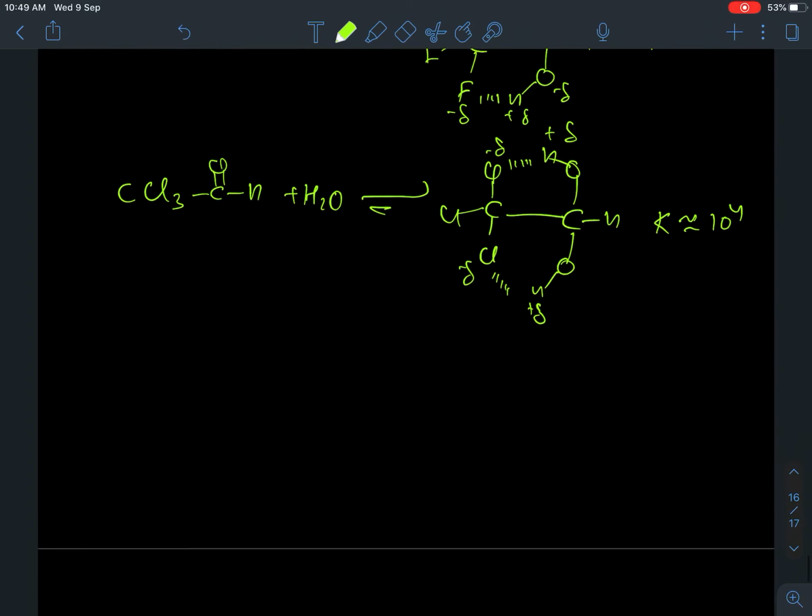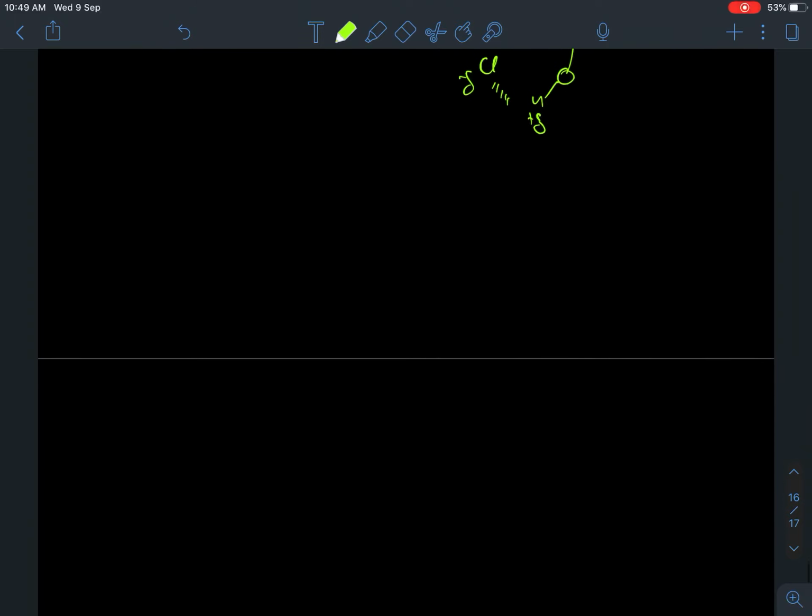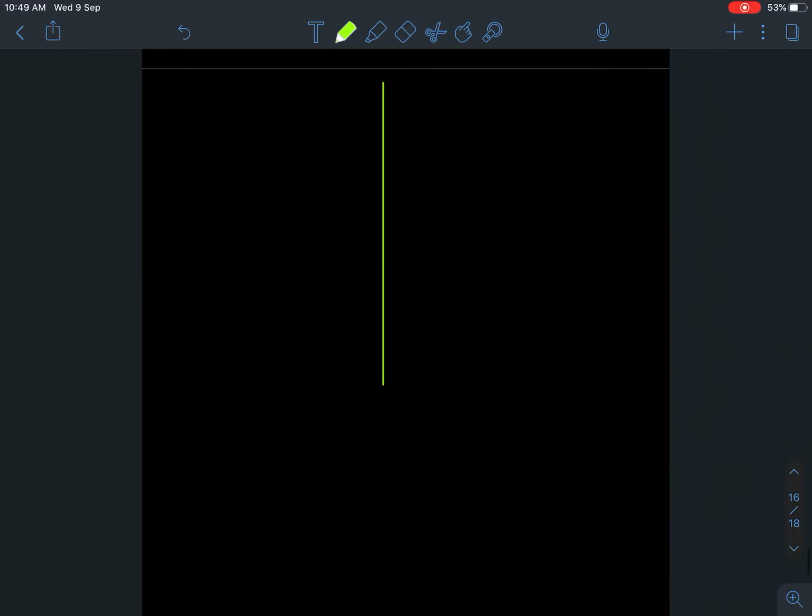So here also, now I'll write the equilibrium constant for water addition. I'd like to give some useful data for you to remember, to compare this.